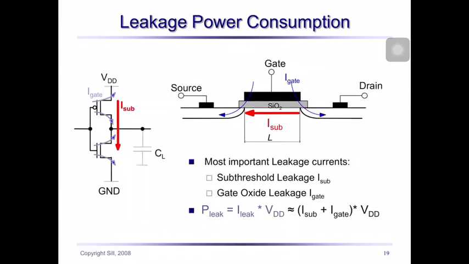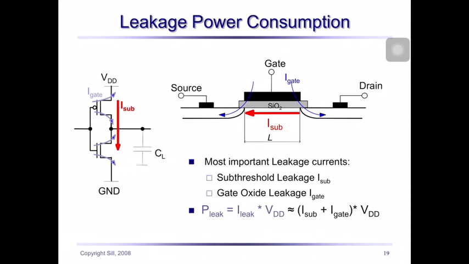What about leakage power consumption? Leakage power is actually present when there is leakage from the gate to the drain or the gate to the source. Okay, so the most important leakage currents are the subthreshold leakage or I sub, and the next one is the gate oxide leakage.